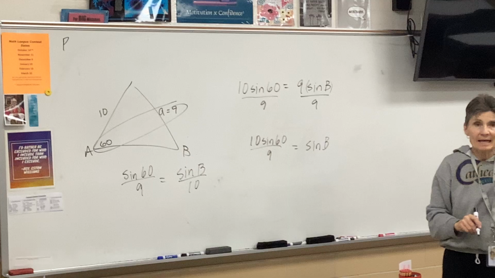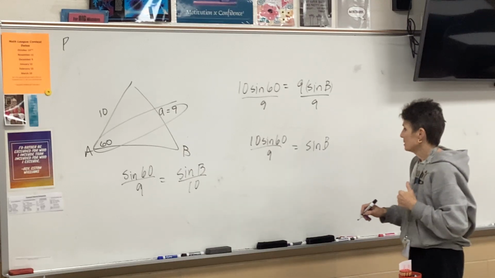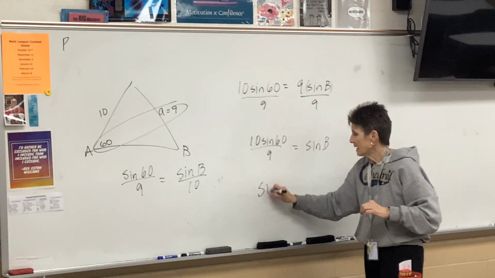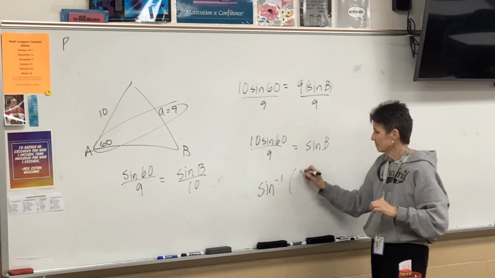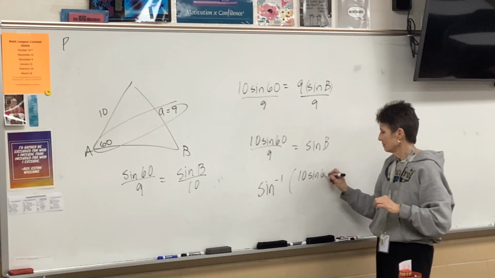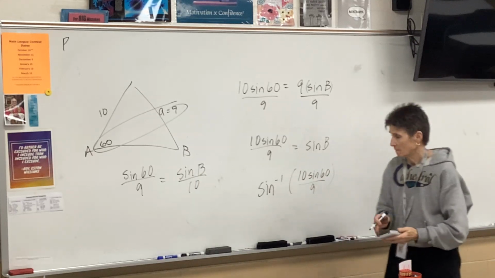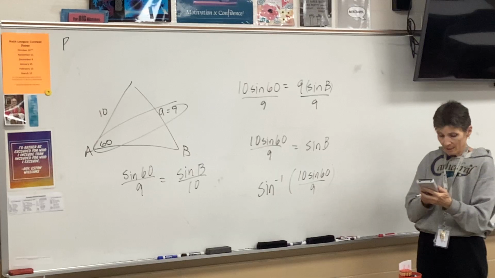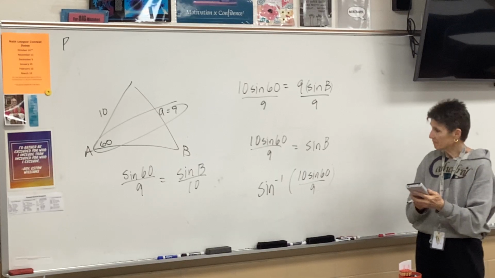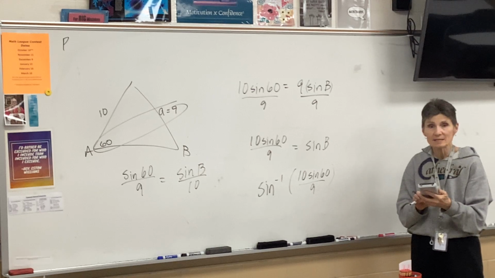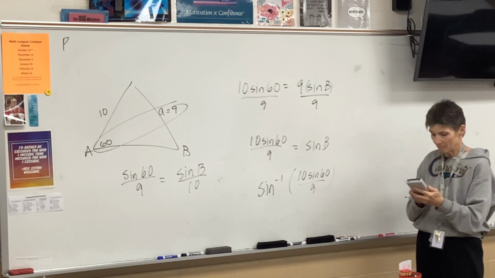Now I need to find angle B. So remember, if I'm finding the angle, I have to do inverse sine. So here we go. Second sine, 10 sine 60, close parentheses, divided by 9.